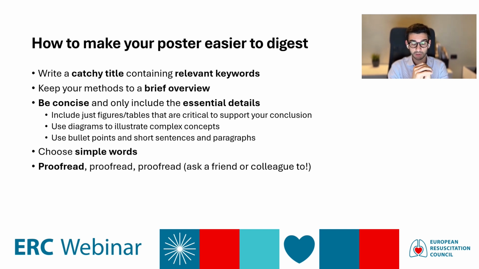Diagrams can also be very useful. Use bullet points. Try to avoid very long blocks of text that are very hard to read, very hard to follow, and not so catchy for someone who is walking in a Congress venue and trying to read some posters.